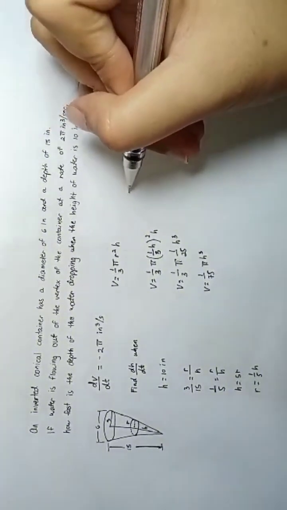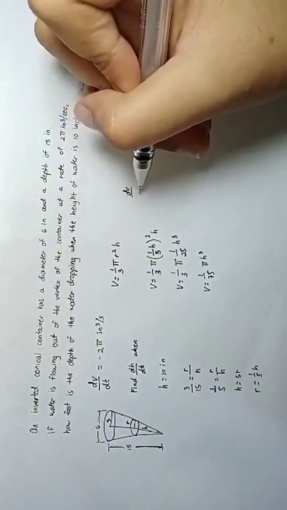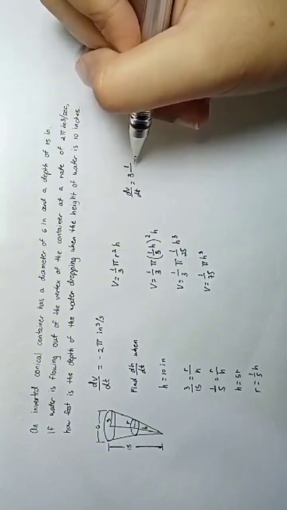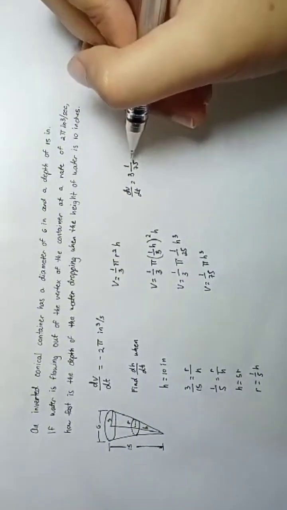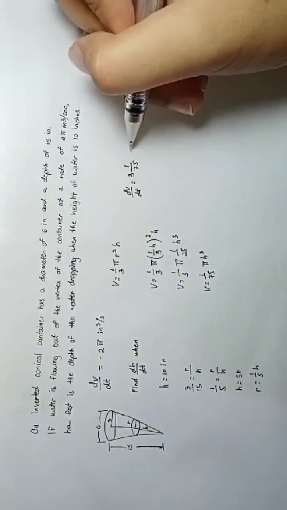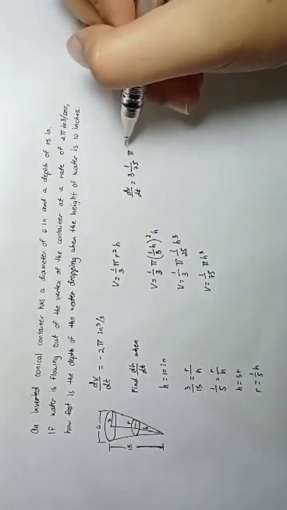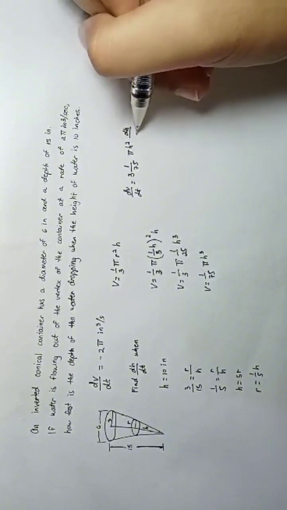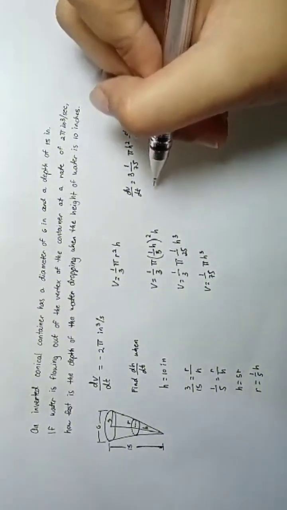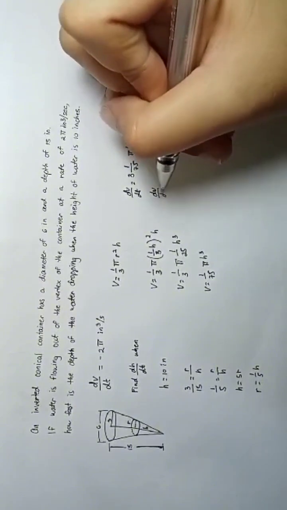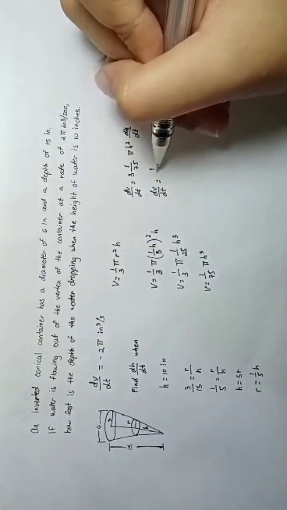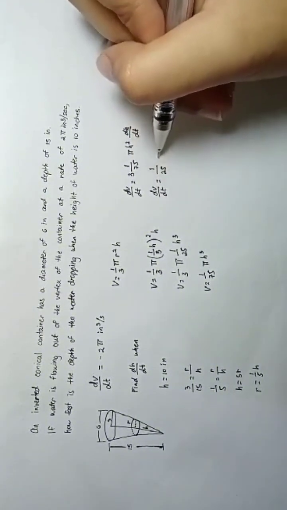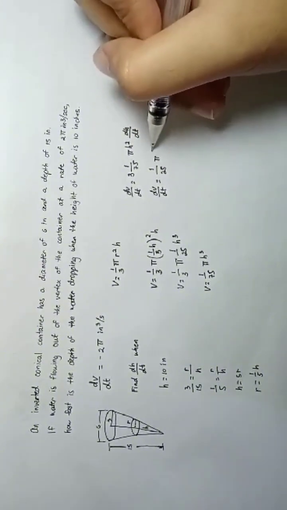Then the next step is let's take the derivative with respect to t. dV over dt is equal to 3 times 1 over 75 pi h squared dh over dt. Then it became dV over dt is equal to 1 over 25 pi h squared dh over dt.